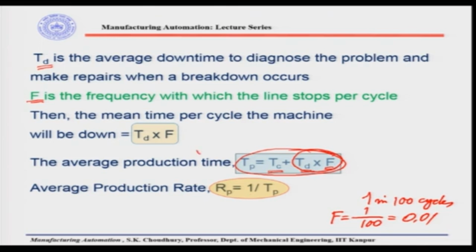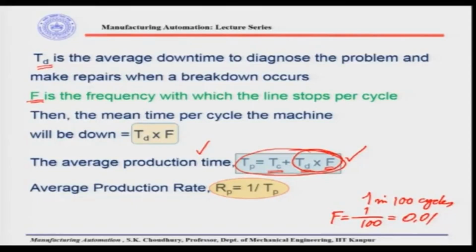Now, once we have the average production time, 1 upon time is the rate, so the production rate is 1 upon production time. Therefore, the average production rate, which is Rp, will be 1 upon Tp, and Tp we found out from the ideal cycle time and the Td into f. Mind one thing, that this can be found out because we know how much time it takes to process a part, to machine a part or to assemble a subassembly; we know the Tc, which is ideal.